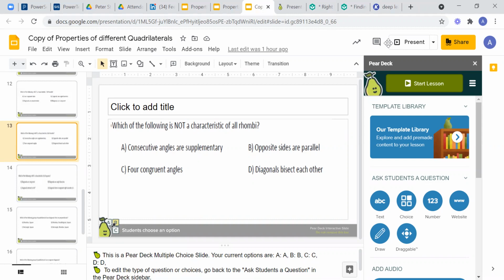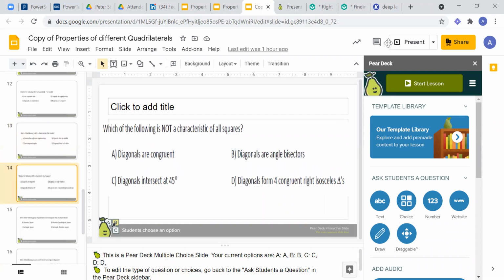A is right. In a rhombus, consecutive angles are supplementary. In a rhombus, opposite sides are parallel. In a rhombus, diagonals bisect each other. But in a rhombus, the four angles are not congruent. Only the four sides are congruent, okay? The next one.